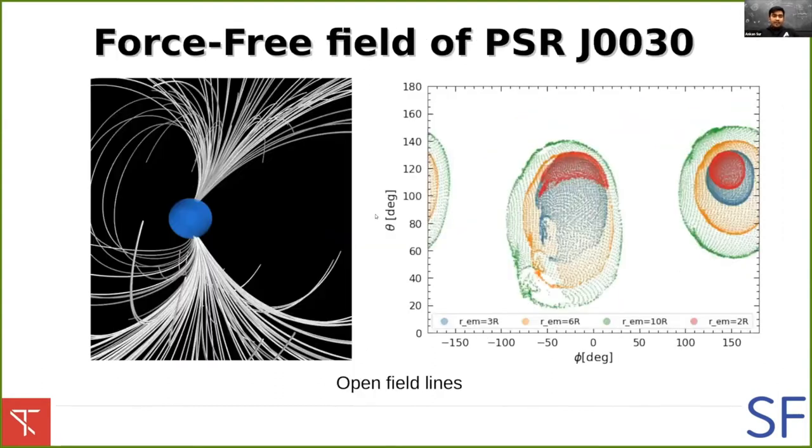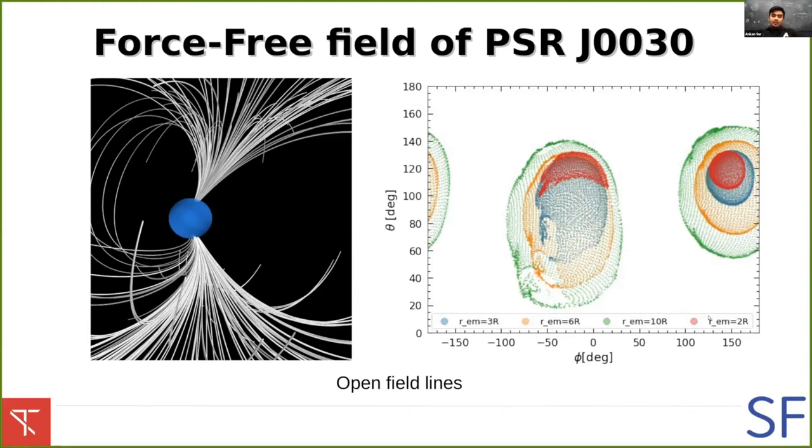In reality, we are interested in the force-free field because this is what was used to reproduce the light curves. And we also consider emission from the open field lines. So on the right-hand side, we plot the regions of these open field lines on the emission sphere.